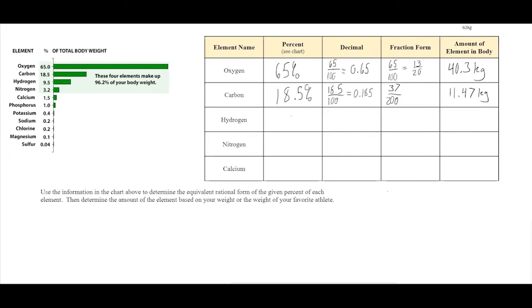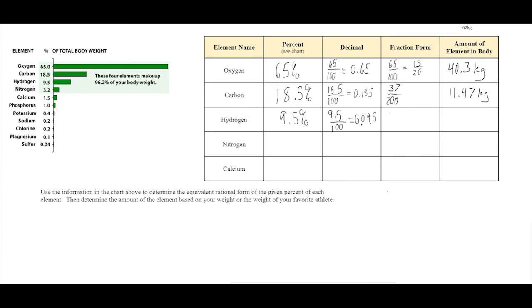For hydrogen, we see that the percent is 9.5. To convert to a decimal, we move the decimal place over 2 points, giving us 0.095 or 95 thousandths.